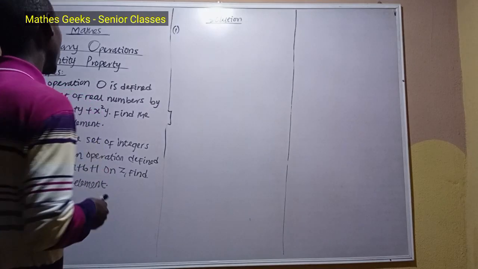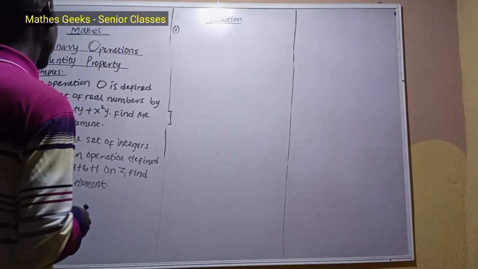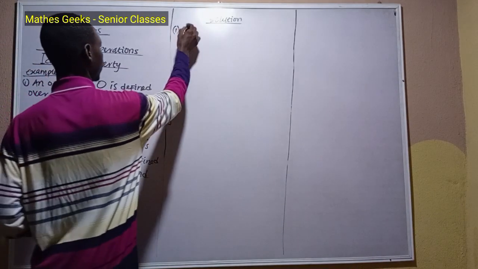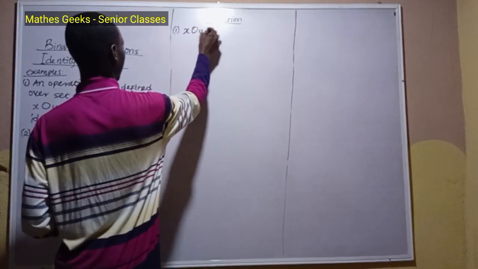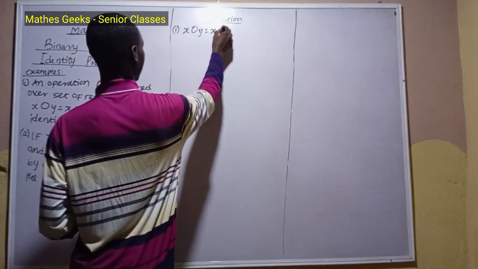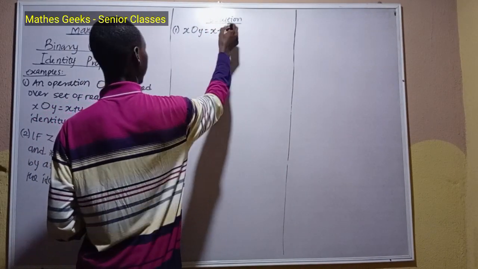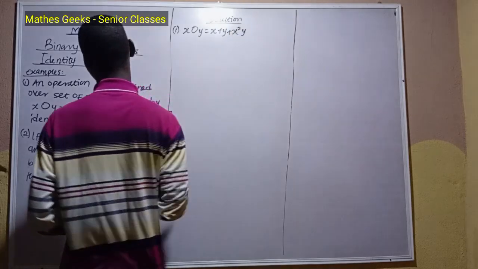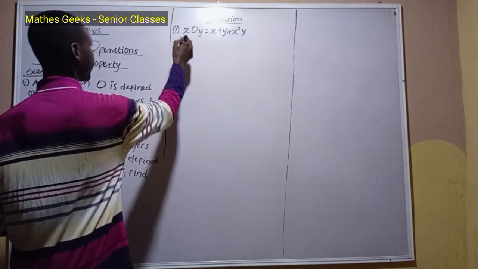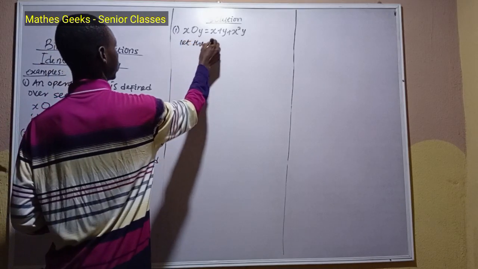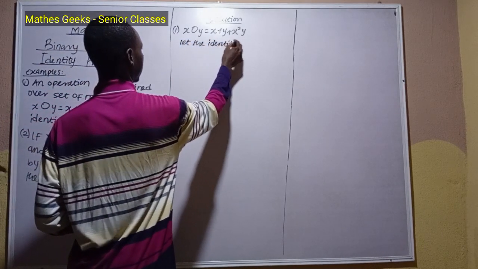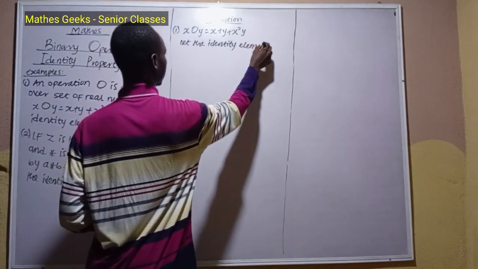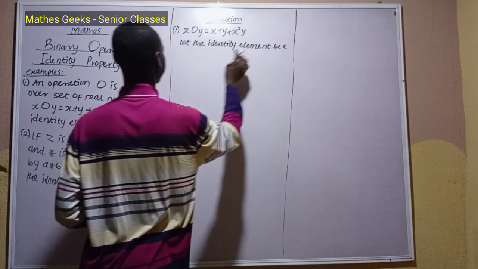An operation O is defined over the set of real numbers by x operation y equals x plus y plus x squared y. Find the identity element. Let the identity element be e.